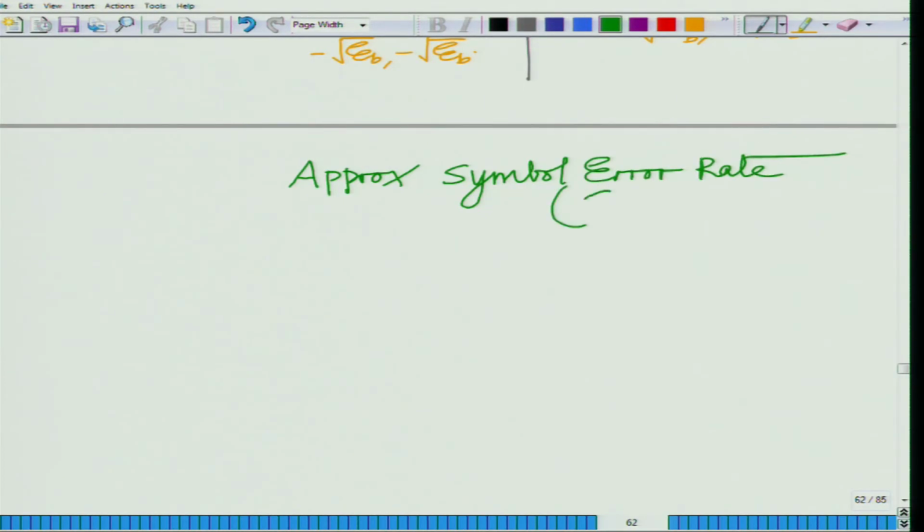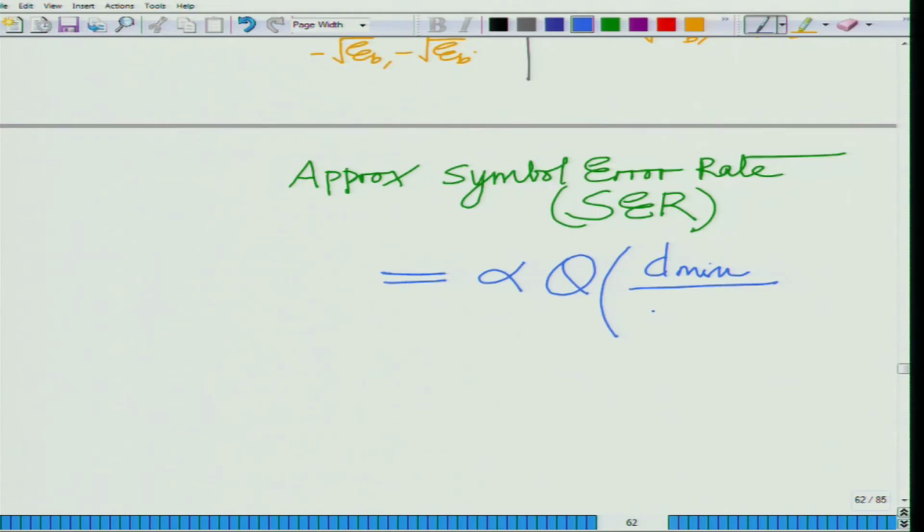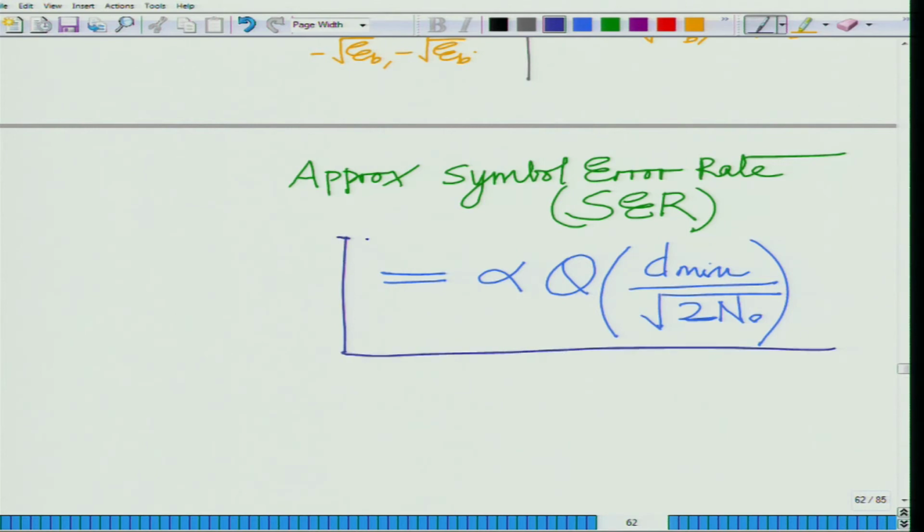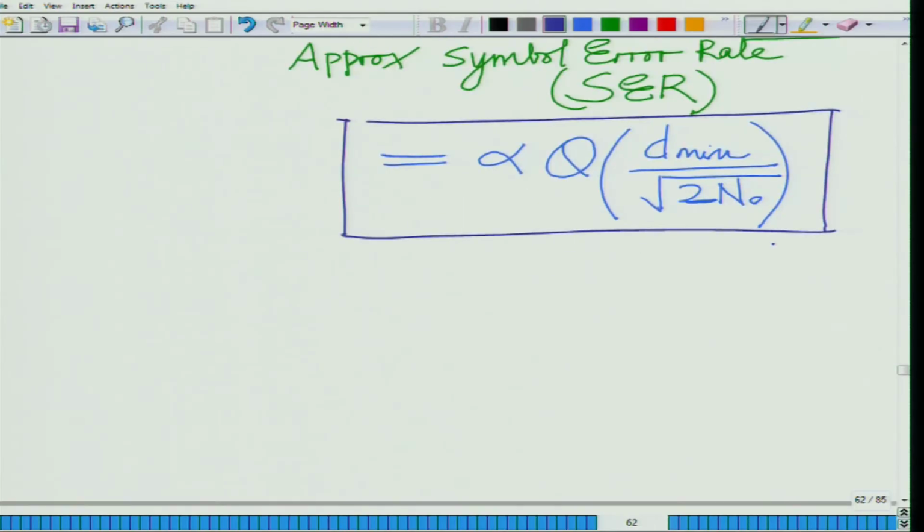Symbol error rate is often abbreviated as SER, just as bit error rate is abbreviated as BER. This is equal to, and this is an interesting expression, alpha, the number of nearest neighbors, times Q of d min, the distance to the nearest neighbor, divided by square root of twice N0. This is very helpful in scenarios where it is difficult to compute the exact bit error rate.